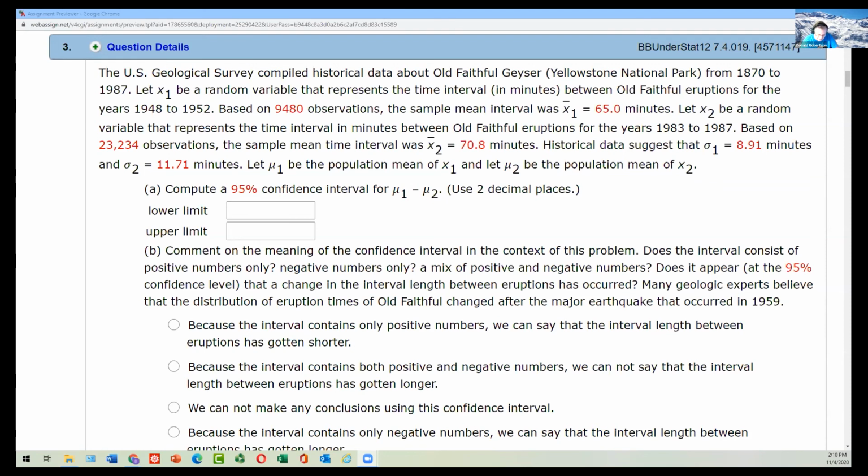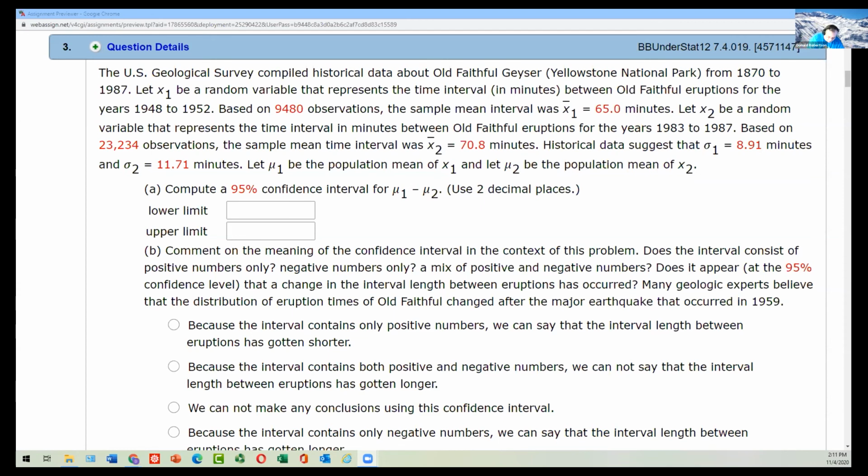And it took, on average, a little bit over 70 minutes. If I read on, sigma 1 is 8.91 and sigma 2 is 11.71. So all I've got on that white piece of paper is I read through that entire lot of stuff and I picked out the numbers that I needed.